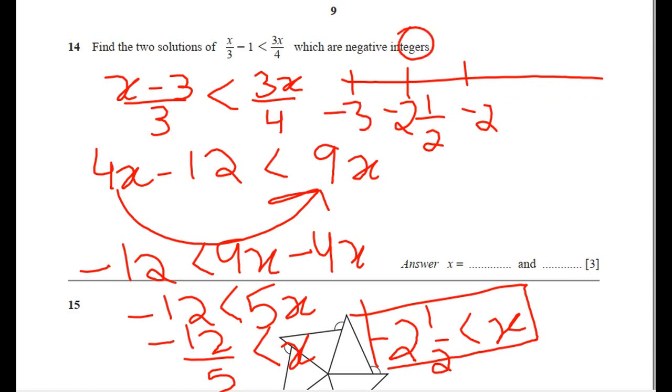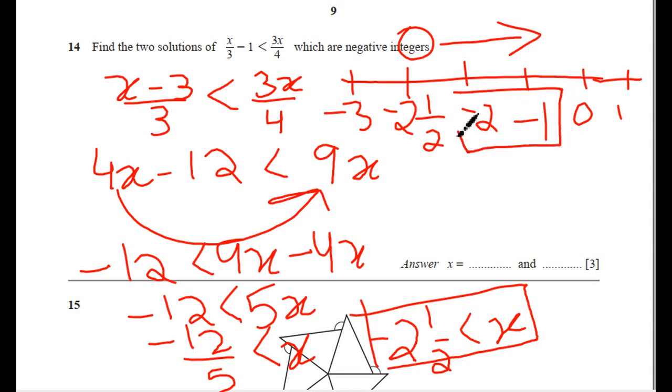And minus 3 over here. So I have to look for numbers bigger than minus 2.5. So I have minus 2, one integer value, and minus 1, the other negative integer value. And the rest will have 0, 1, and so on. We'll have infinite numbers in this range, but we only have two negative integer values in this range, that is minus 2 and minus 1.